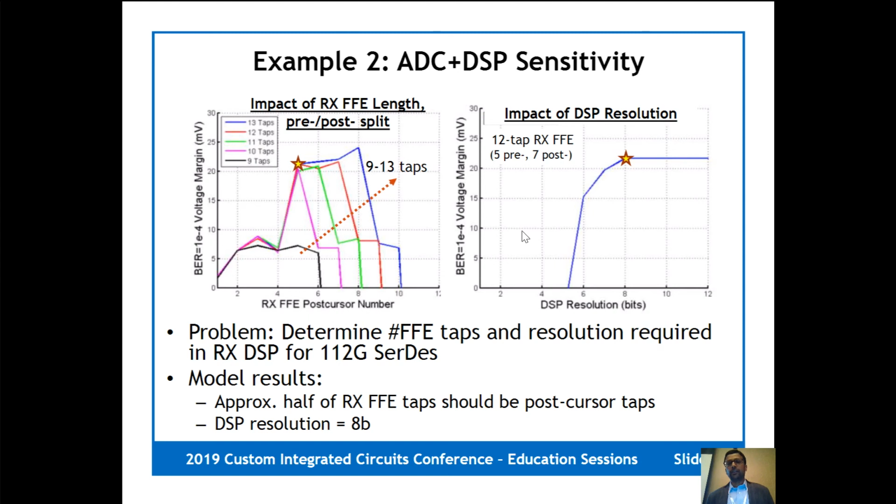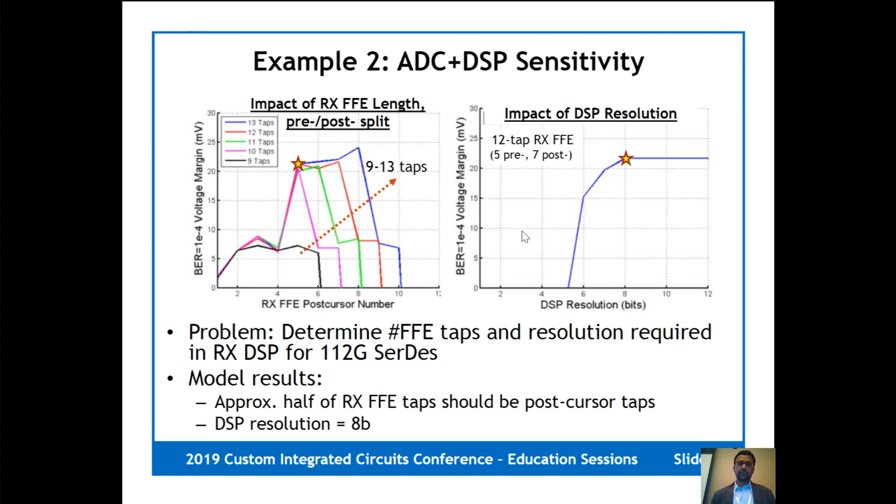And similarly, as pretty much all the SerDes designs are moving to an ADC DSP type architecture on the receiver, and then DSP and DAC architecture on the transmitter, we want to figure out, okay, what kind of resolutions and precisions do we need to support on these 2 sides.